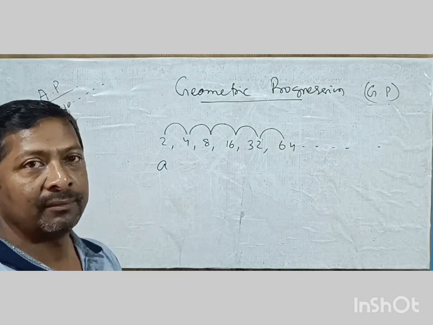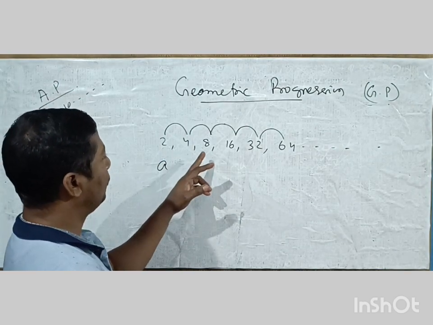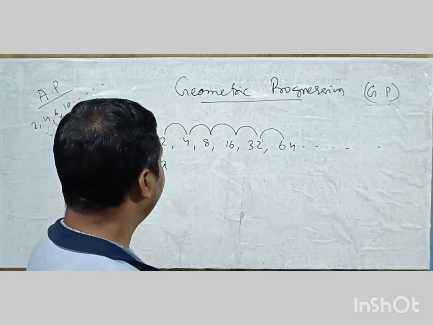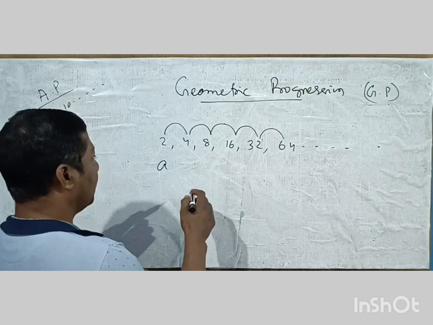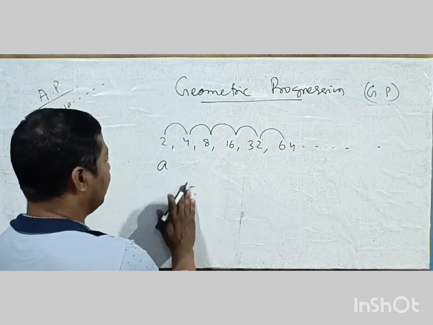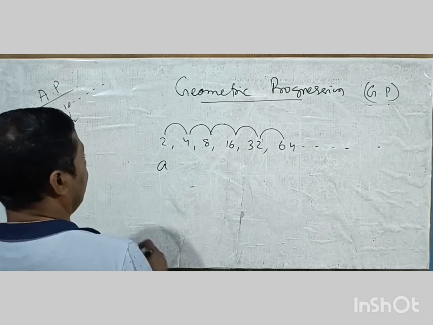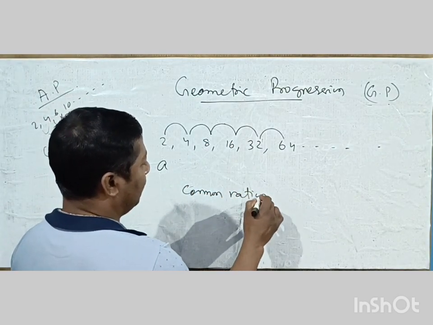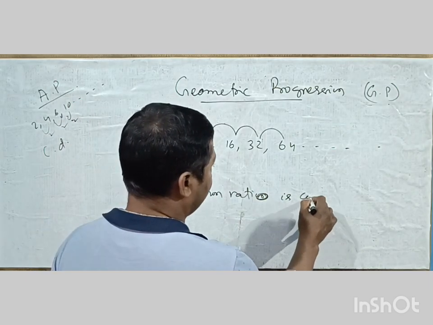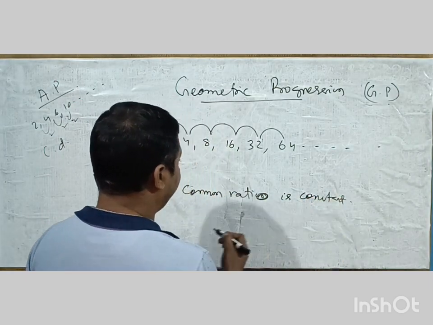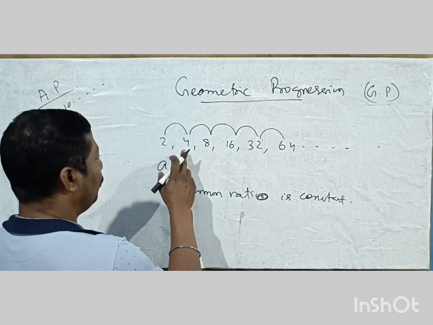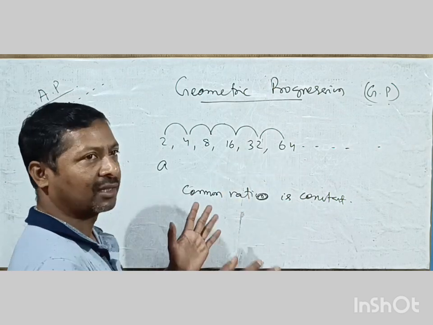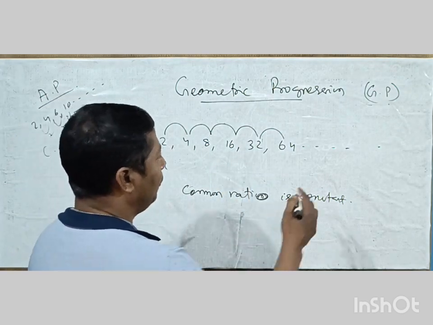What is the common ratio? 2 is to 4, 4 is to 8, 8 is to 16, 16 to 32, 32 is to 64. So R will be the common ratio. Here it is common difference, but here common ratio is fixed, is constant. It means multiply 2 by 2 is 4, 4 by 2 is 8, 8 by 2 is 16, 16 by 2 is 32, 32 by 2 is 64, like this, up to the nth term.